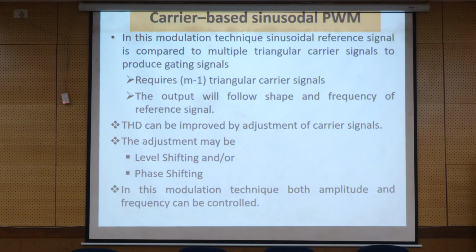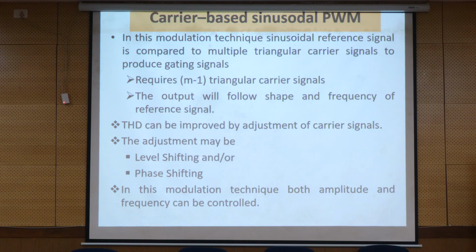The output will follow the shape and frequency of the reference signal. Reference signal frequency is going to be 50 Hz and the carrier signal frequency is equal to the circuit operating frequency, which can be 1 kilohertz or 5 kilohertz. THD can be improved by adjustment of the carrier signal.